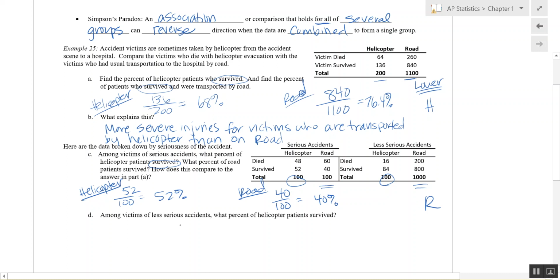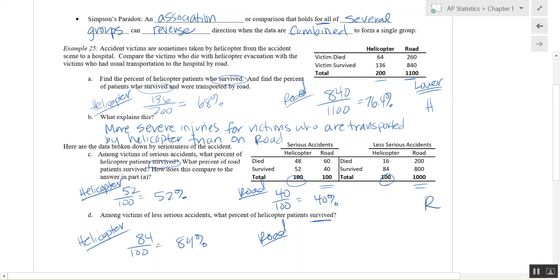And then when we look at less serious accidents, the other side of the table, and we break it down, helicopter, road, survived, again we're looking at survival for the helicopter and road. Helicopter is 84 out of 100, so 84%.